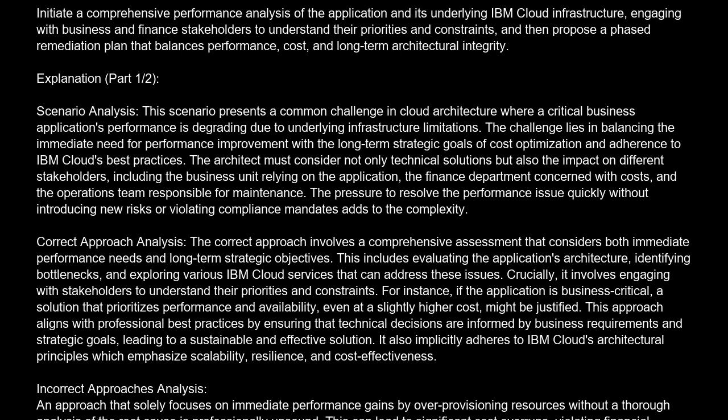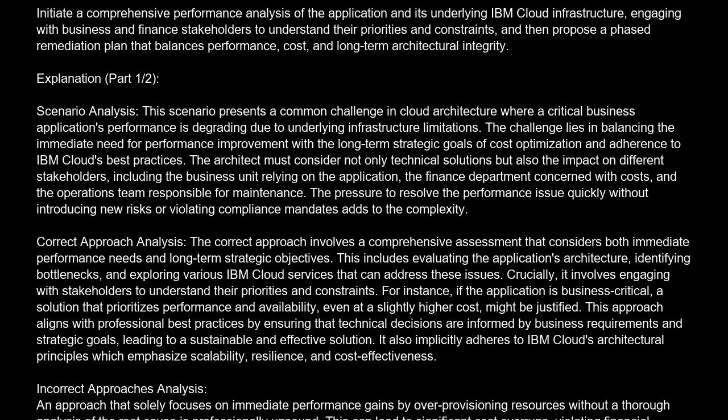Explanation. Scenario analysis. This scenario presents a common challenge in cloud architecture, where a critical business application's performance is degrading due to underlying infrastructure limitations. The challenge lies in balancing the immediate need for performance improvement with the long-term strategic goals of cost optimization and adherence to IBM Cloud's best practices.